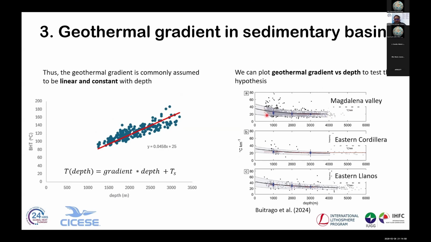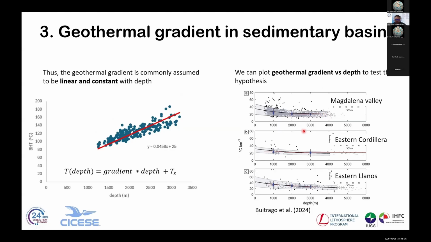You can observe that the shallower part of the wells tends to show a higher geothermal gradient, and the geothermal gradient decreases systematically with depth, maybe until reaching some kind of regional geothermal gradient, right?